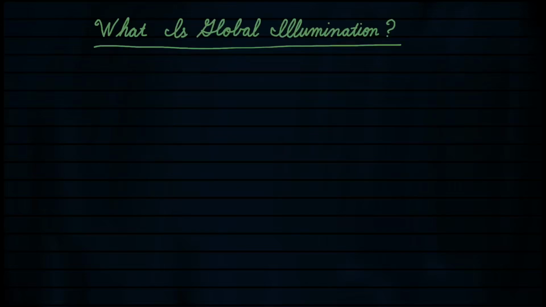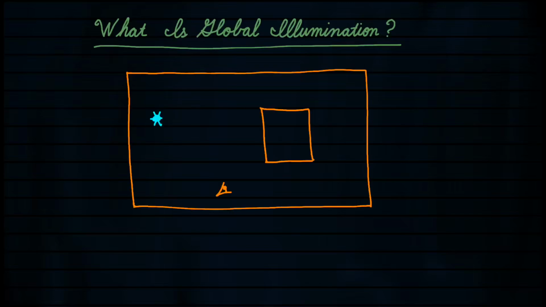So what is Global Illumination? Let's use a scene. Let's just say there's a closed room, a light, the viewer, and an object inside of it that's blocking light. A lot of times in computer graphics, we'll make assumptions, approximations, because we can't possibly trace where every single photon could be going.